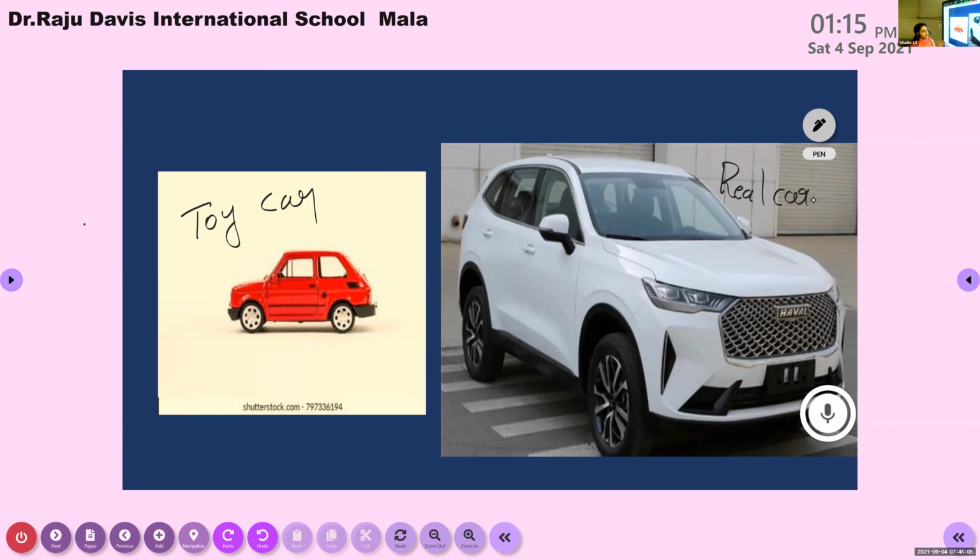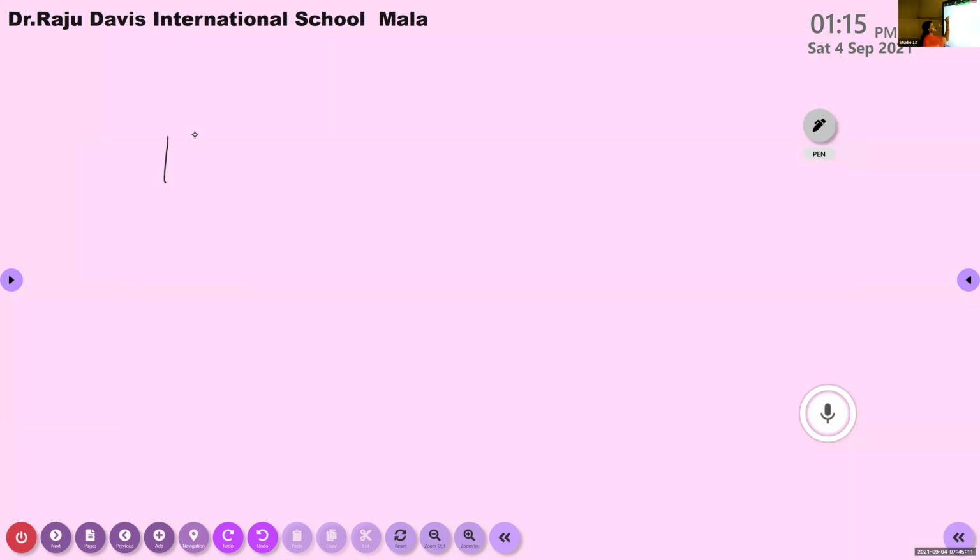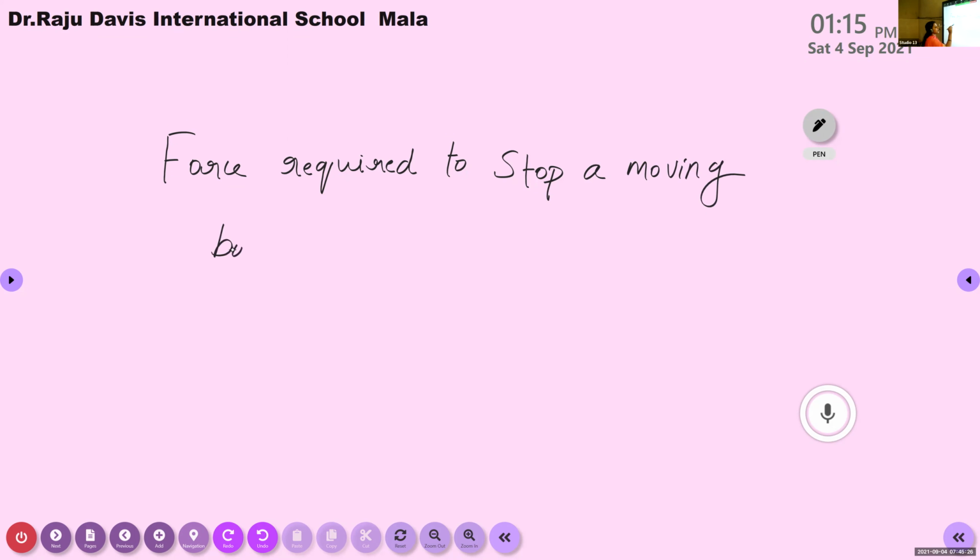From this observation, we can say that the force required to stop a moving body is directly proportional to its mass.